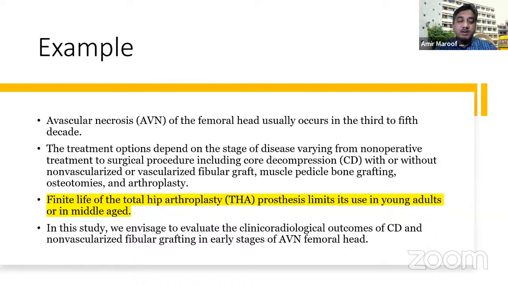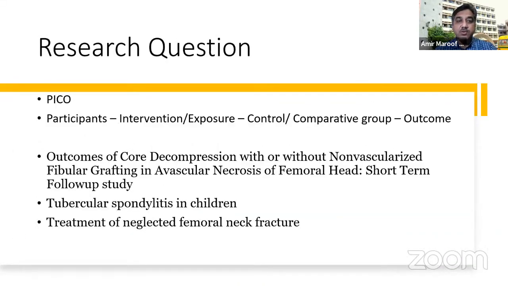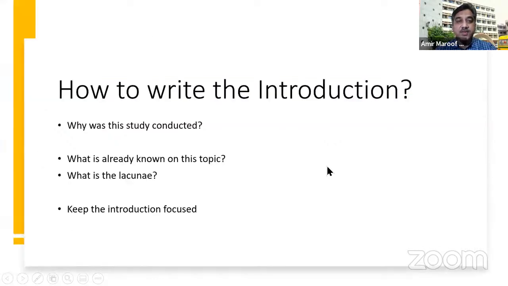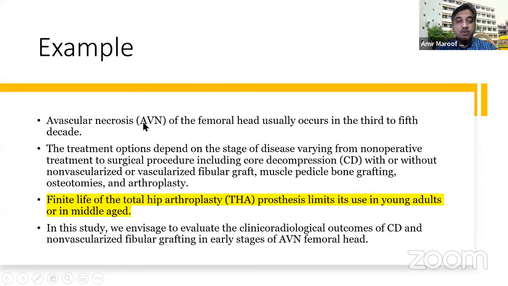So if you look, again, it is from the same paper that I have started with: outcomes of core decompression with or without non-vascularized fibular grafting in avascular necrosis of femoral head, a short-term follow-up study. So if you look here, you will find that the first sentence is just about that avascular necrosis occurs in 3rd to 5th decade.